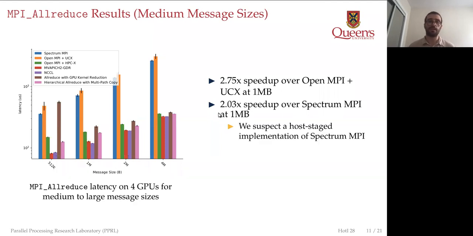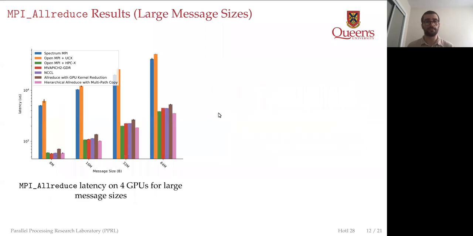We suspect that Spectrum MPI uses a host staged copy, as we know that OpenMPI does, and the performance is fairly similar. So that's why we see those blue and orange bars to be significantly higher. And at this message range, we see comparable performance to OpenMPI using HPCX.